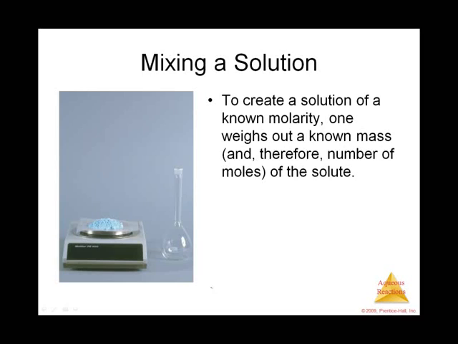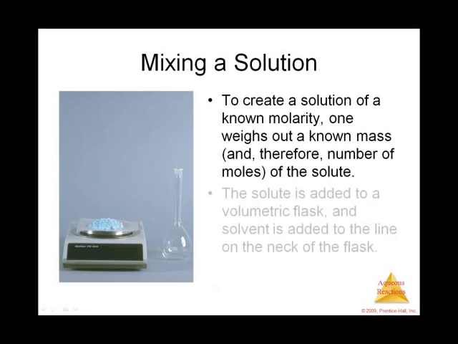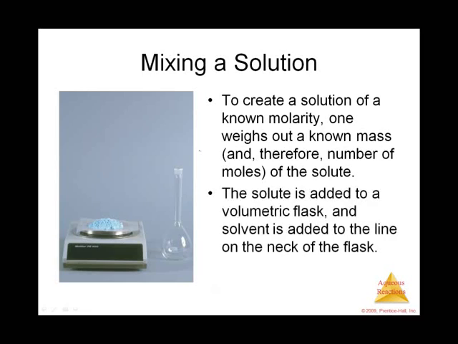From time to time this year you're going to create a solution of known molarity, and in order to do that we have to weigh out our solid ionic compound. We use what's called a volumetric flask. It has this little thin line that tells us exactly the volume for this size flask.